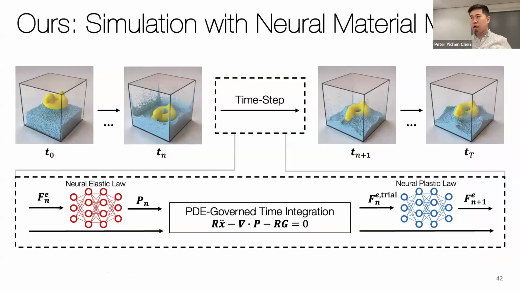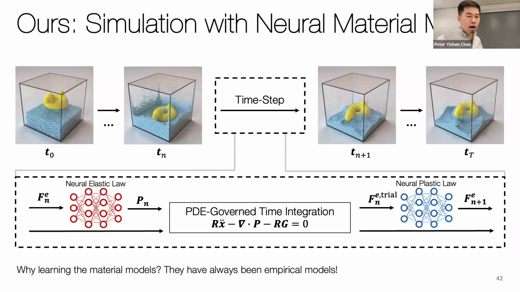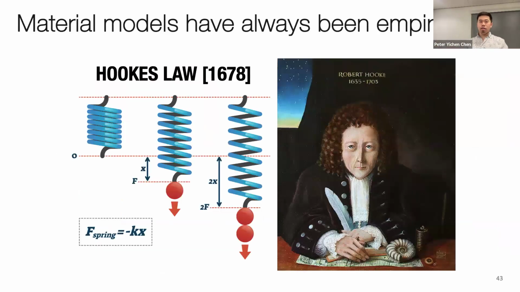So in this line of work, we want to address these accuracy issues by using neural network-based material models. So why learn material models? Because they have been empirical models anyway. The simplest material model is probably Hooke's law, where force is linearly related to displacement. But why not nonlinearly? What if you stretch it too long? So this is an empirical model anyway, and it's a really good place to learn.